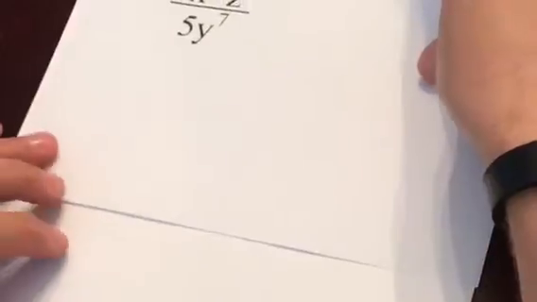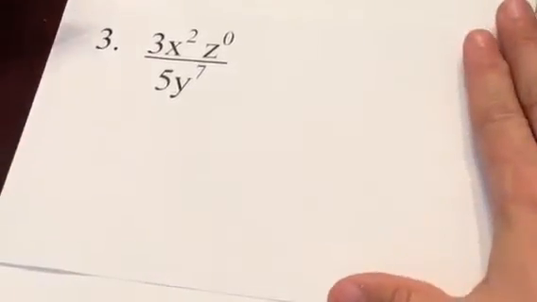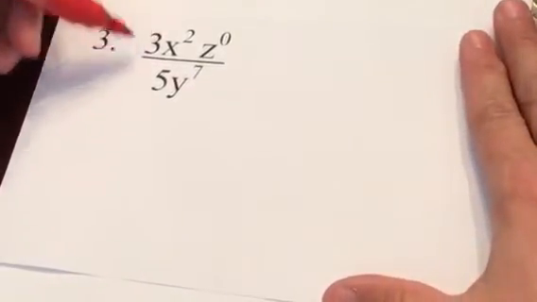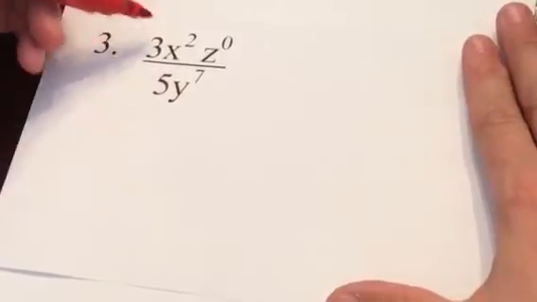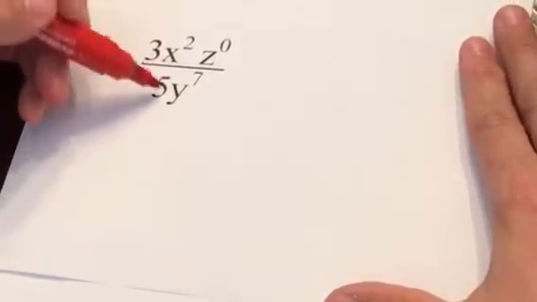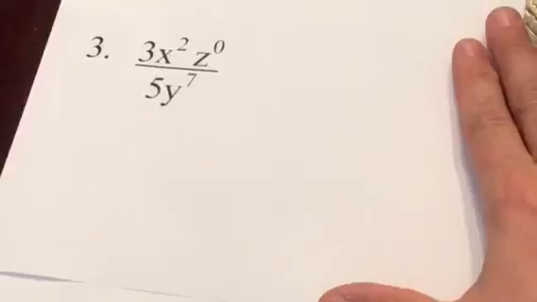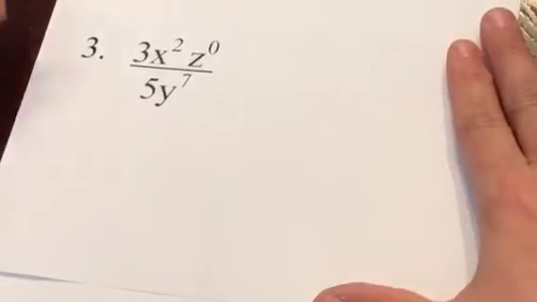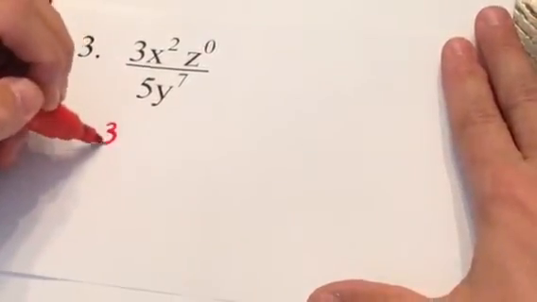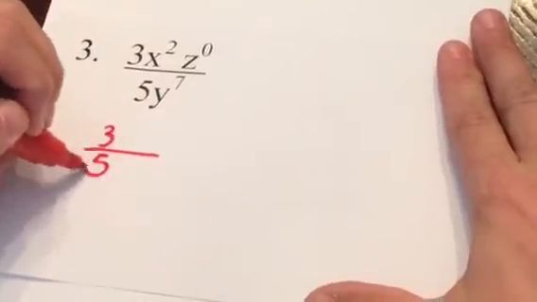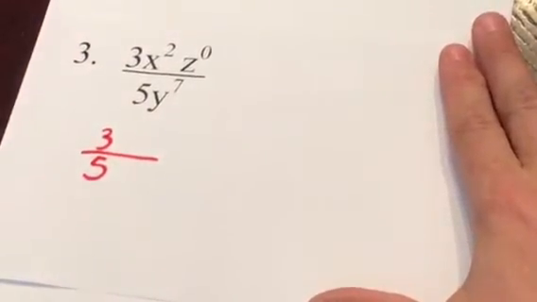Let's move on to example 3. Example 3, we have a 3 and a 5. If we divide those on our calculator, math enter to change them back to a fraction, they're going to stay the same. So I will bring them down as 3 over 5.